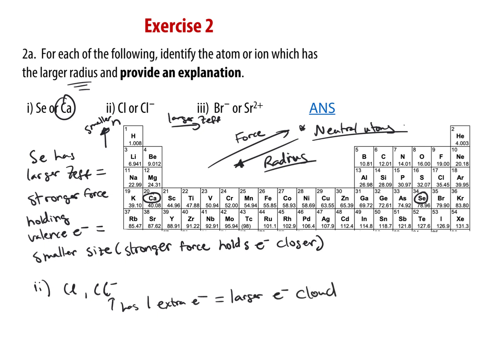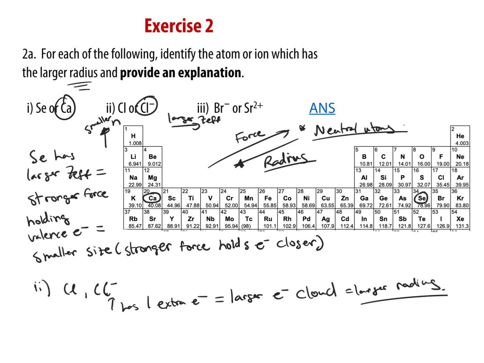More electrons means a larger electron cloud, which is equal to a larger radius. So pretty simple there, as long as you remember what radius is and what's going on when you're forming anions and cations. Again, you could also bring in electron-electron repulsions.